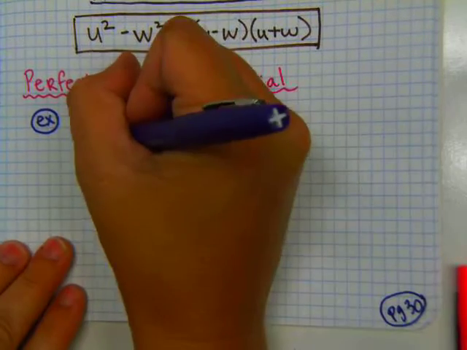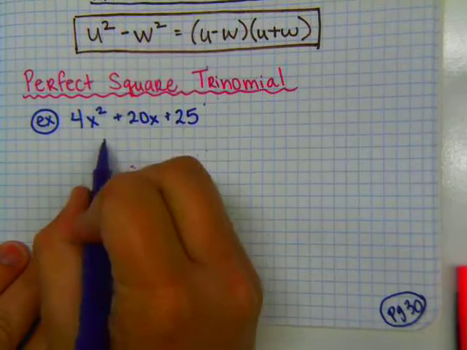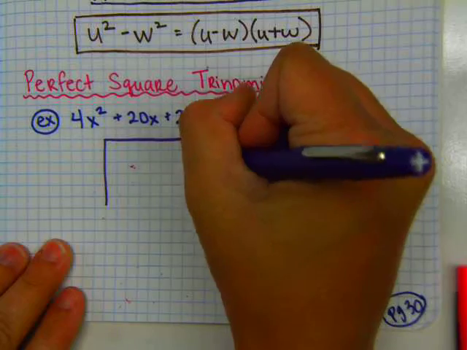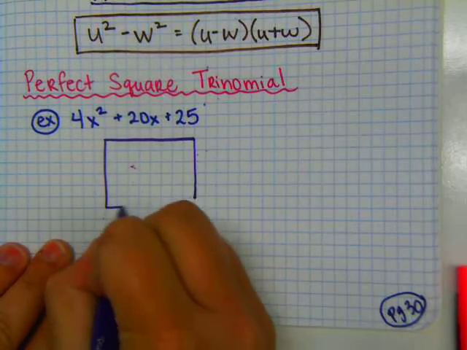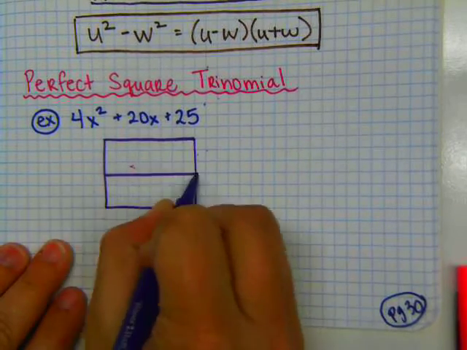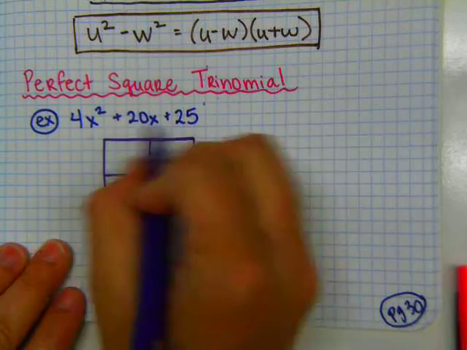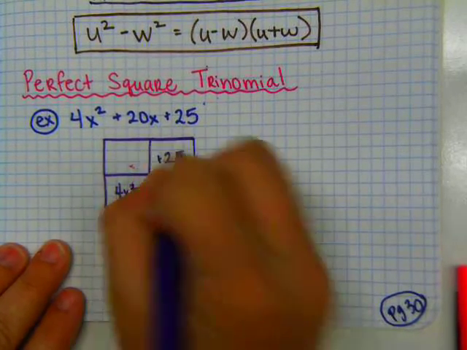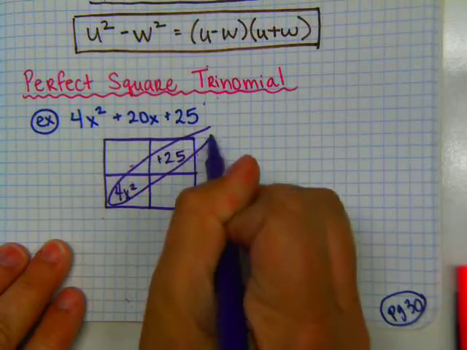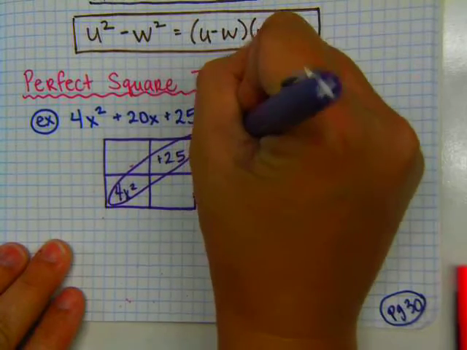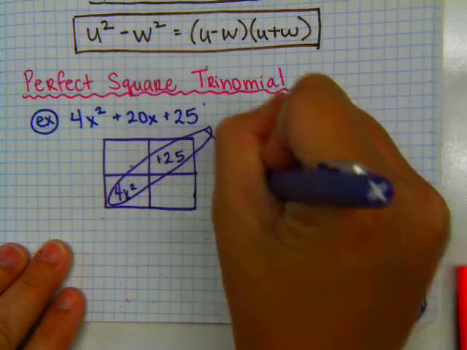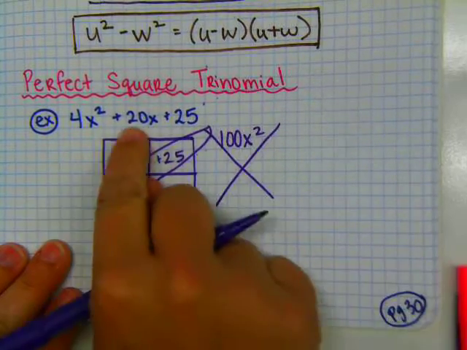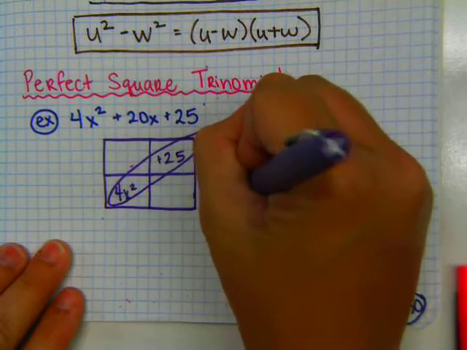And now I make my box. First and last term. Multiply. That'll be 100x squared. And we're trying to add to that middle term, which is 20x.